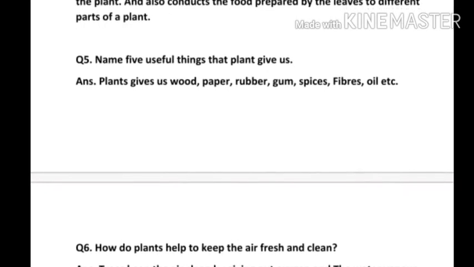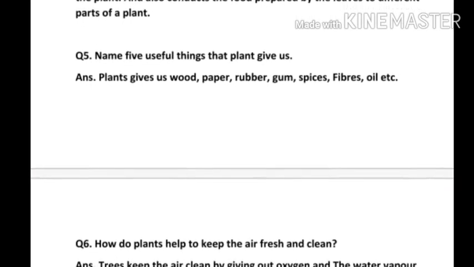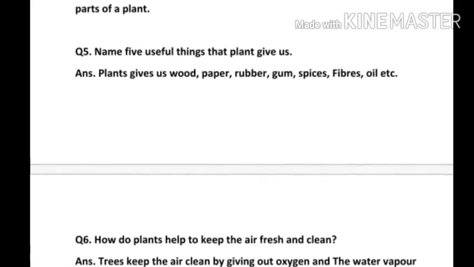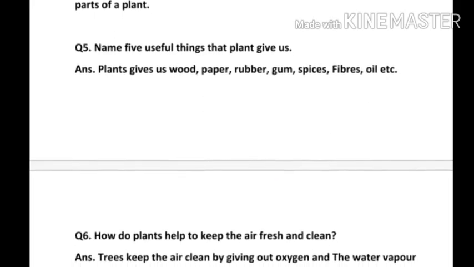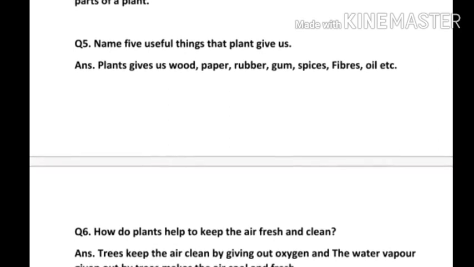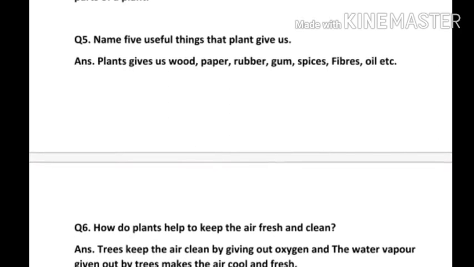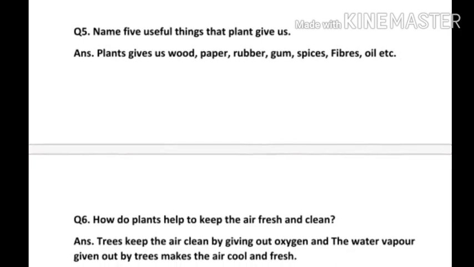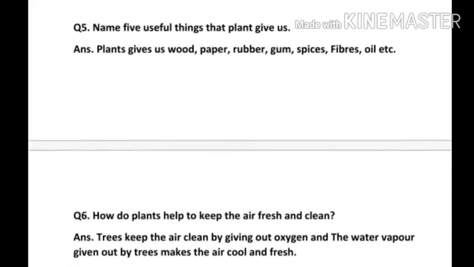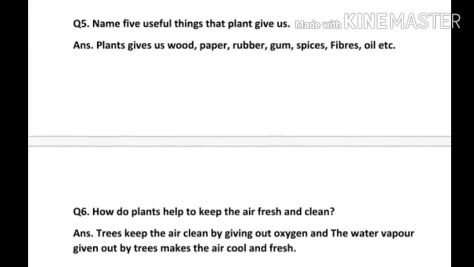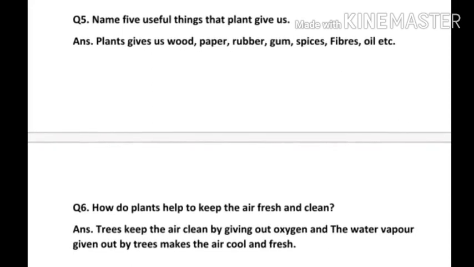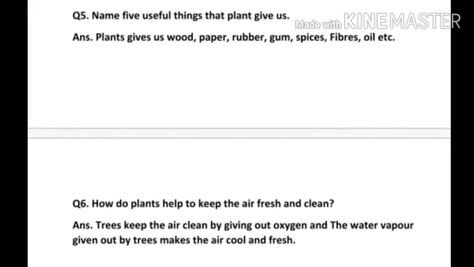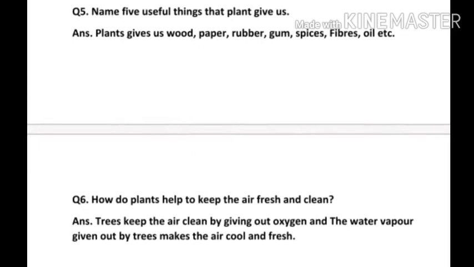Question number 5 is, name 5 useful things that plants give us. The answer is, plants give us wood, paper, rubber, gum, spices, fibers, oil, etc. Now see question number 6.